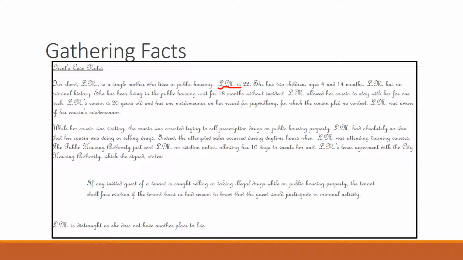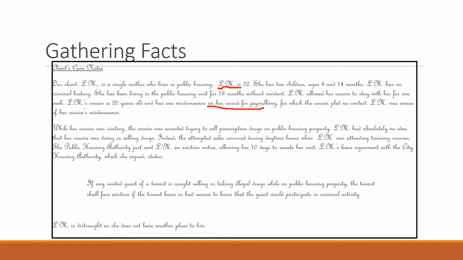How about the fact of LM's cousin's misdemeanor? Right now, she has a misdemeanor for jaywalking. But what if LM's cousin had some sort of conviction for drug sales or drug use?